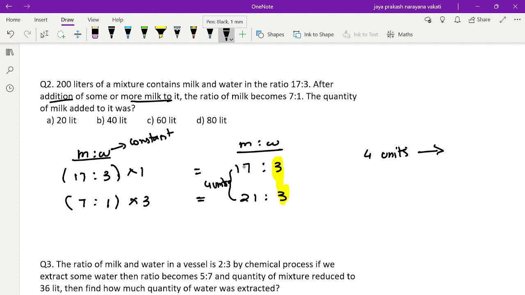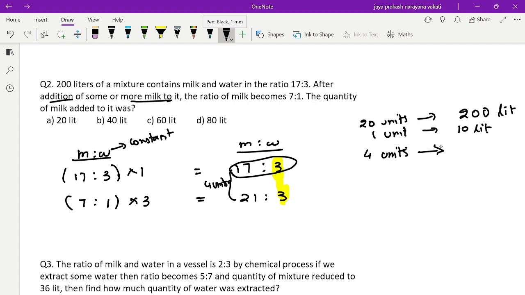But we already clearly know the initial ratio 17 is to 3 is nothing but 20 units. 20 units initial quantity is 200 liters, correct? So 20 units is 200 liters, then 1 unit is 10 liters. Similarly, 4 units will be 4 into 10, 40 liters. That's it. This is my second question's answer.